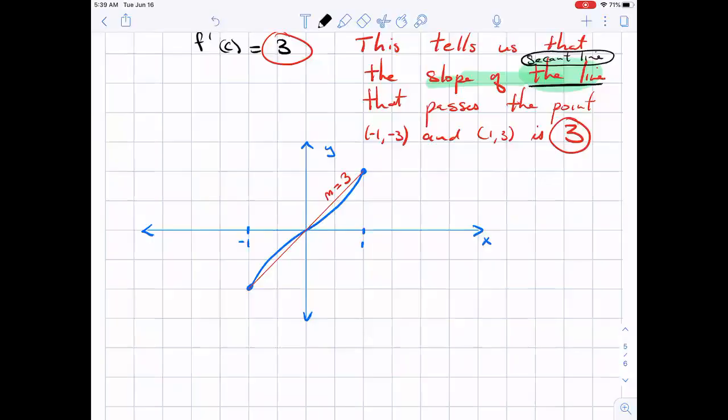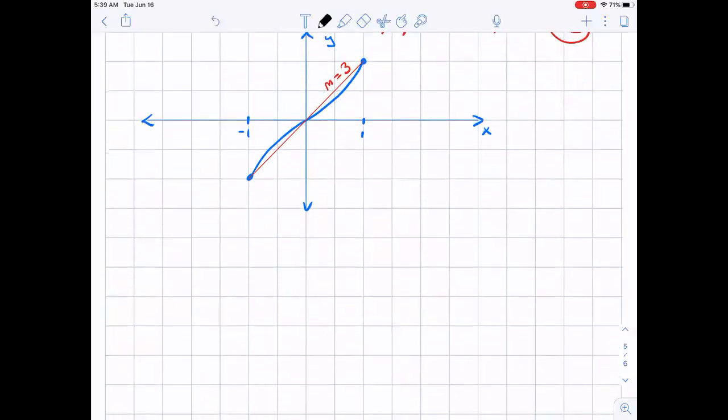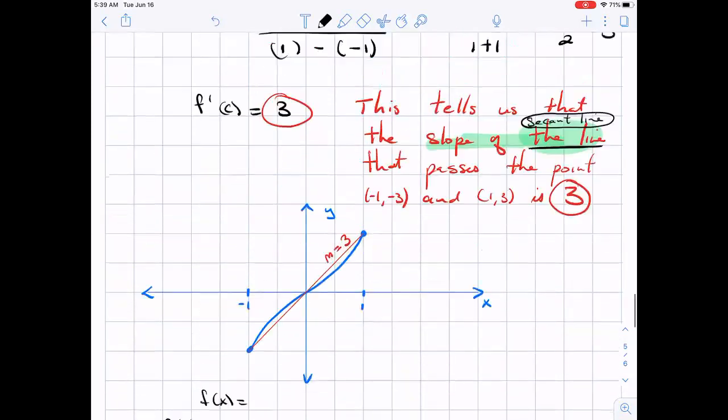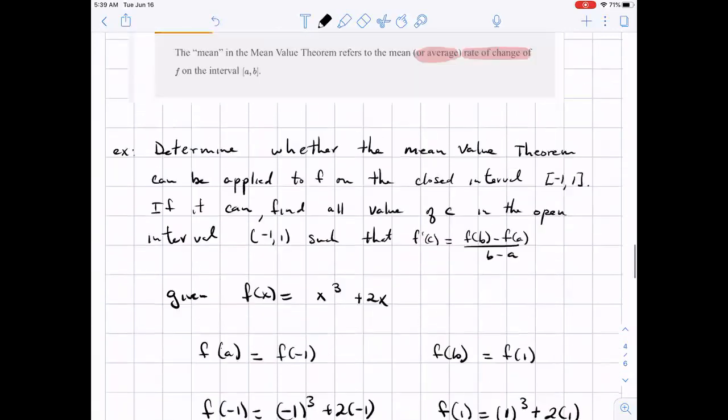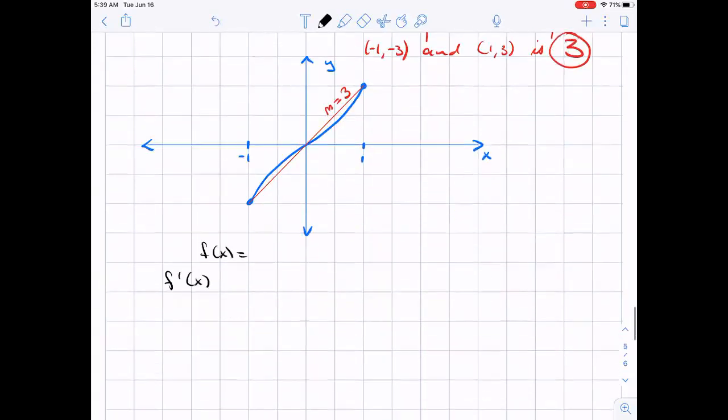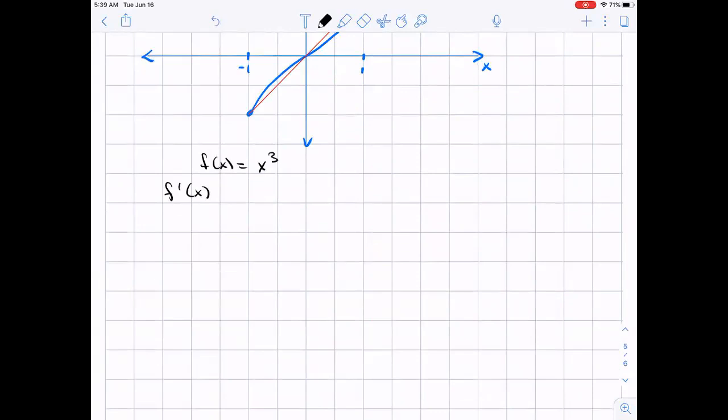Now let's take f prime. What is f prime of x? Well, f of x was given to us as x cubed plus 2x. F prime of x will be 3x squared plus 2.